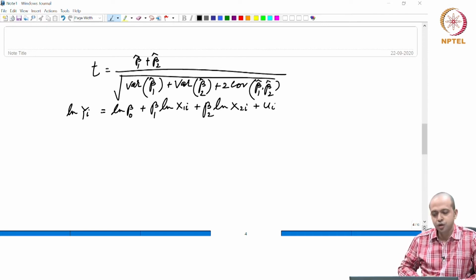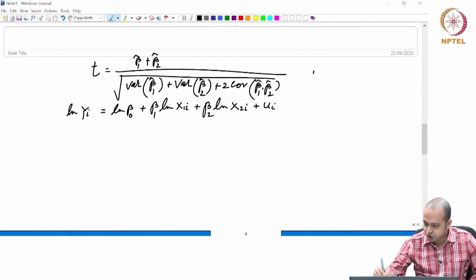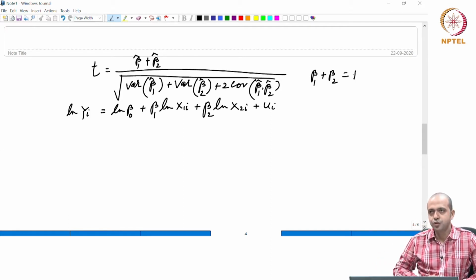This is the production function after taking log. Now, in this production function, we will impose the restriction, and what is our restriction? Beta 1 plus beta 2 equals 1.